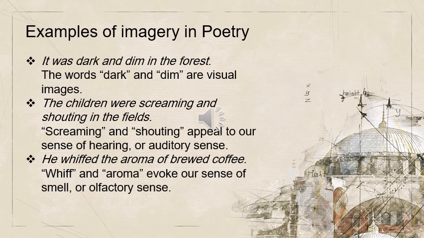Itu kata dark and dim itu adalah visualisasi gambar, seperti contohnya di sini dalam hutan itu gelap dan dingin. Jadi gelap dan dingin itu menggambarkan visualisasi kita sebagai pembaca bahwa dalam puisi ini kata dari dark and dim itu kita imajinasikan dan kita visualkan sebagai gambar.